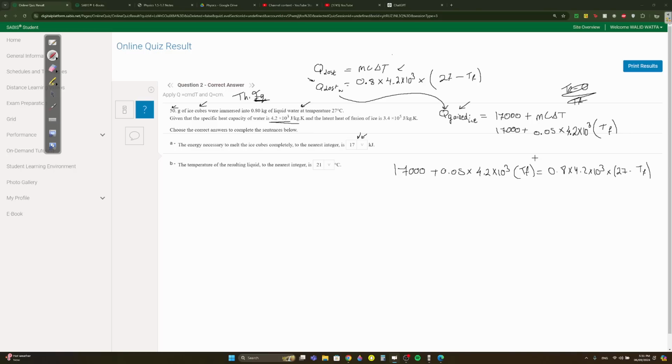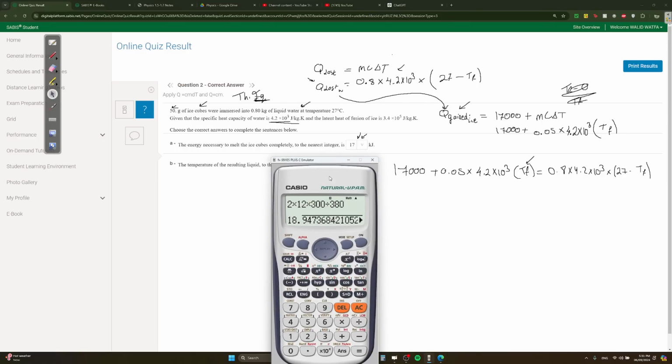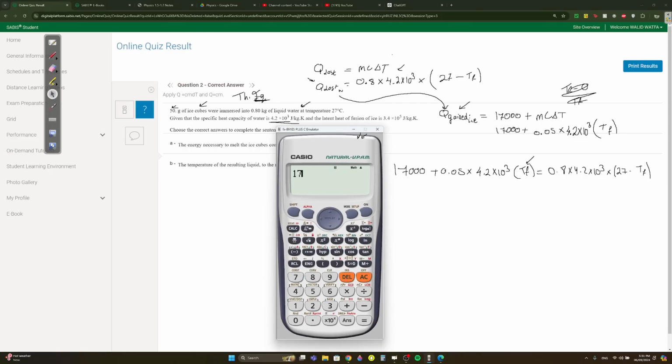You can put this in a calculator and just change TF with X, and you should get 20.6, I think, or something like that. Let's see, 17,000 plus 0.05 times 4.2 times 10 to the power of 3 brackets X, close the brackets, then equals 0.8 times 4.2 times 10 to the power of 3 times 27 minus X, close the brackets, shift solve, equal, you get 20.6.